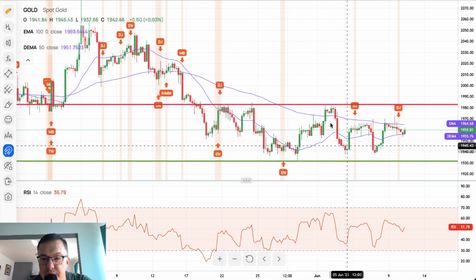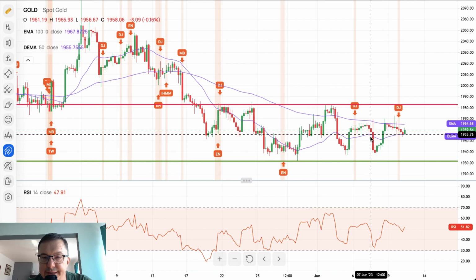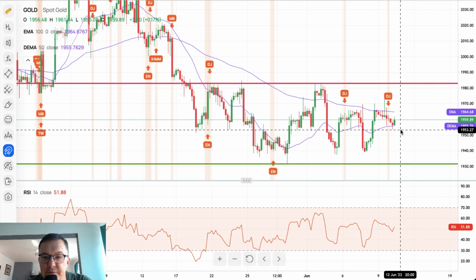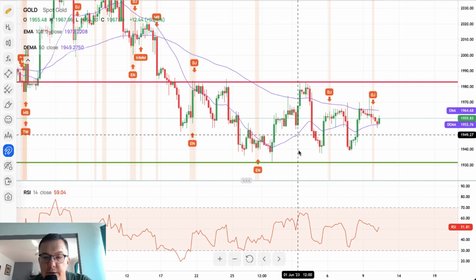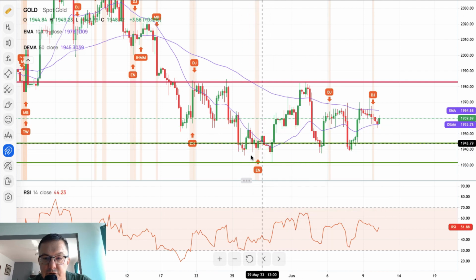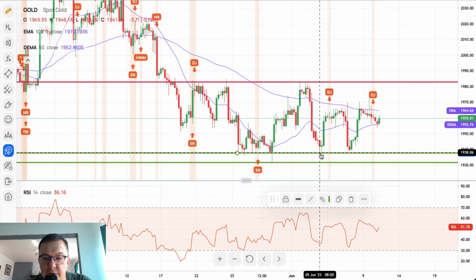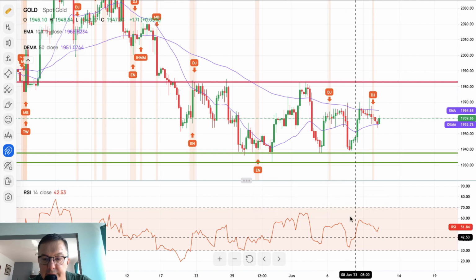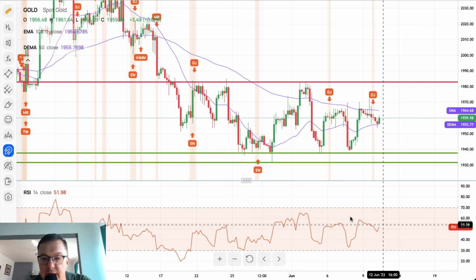However, look at this. We have an almost perfect squeeze here. The tightening and the range trading on the gold market is visible and clear to notice. What we have here is the market trading in a very narrow zone around the level of 50, up and down.